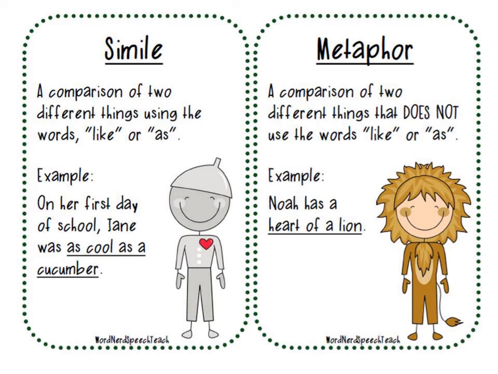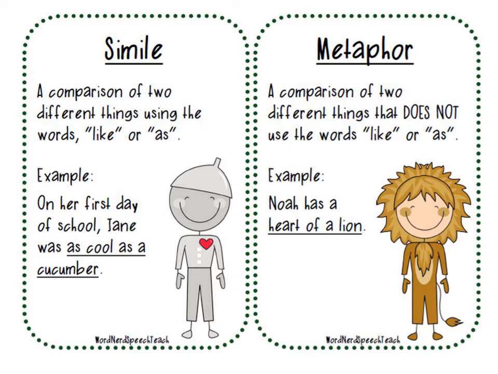Let us take a look at more examples of simile and metaphor. Simile: on her first day of school, Jane was as cool as a cucumber. Metaphor: Noah has the heart of a lion.